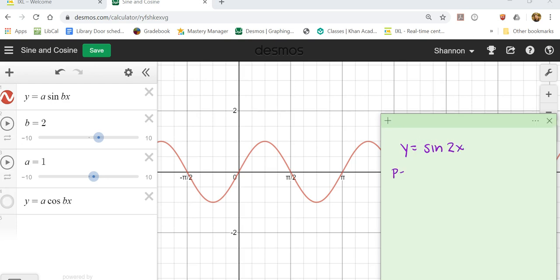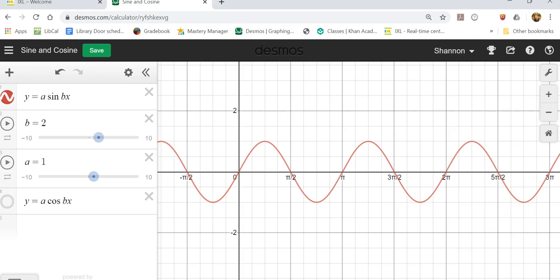Remember, the period is equal to 2 pi over b. So now I have a period of 2 pi over 2, which is just pi. Take a look at your graph. We start at 0, 0, and we have one full rotation at pi radians.